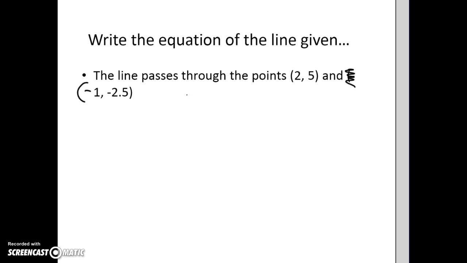So I know if I do 5 minus -2.5 over 2 minus -1, I have 7.5 over 3. 7.5 over 3 equals the same as 5 over 2. You can use your calculator to double check me there. That is now my slope.